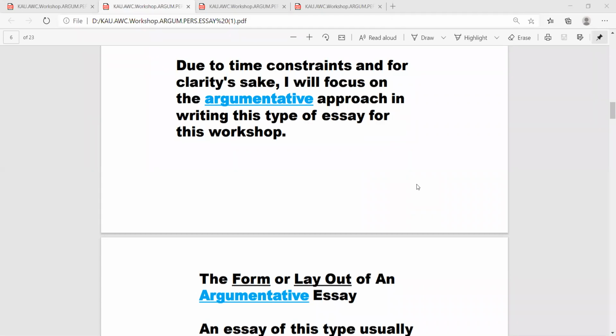What I mean by murky is confusing, because it's often based on just sheer emotion, right?